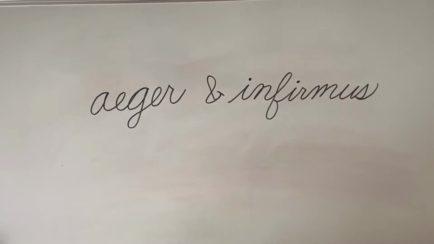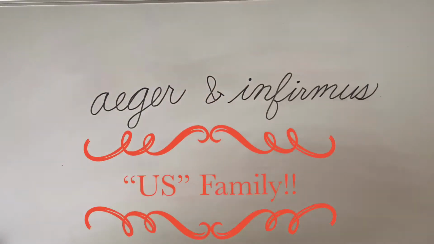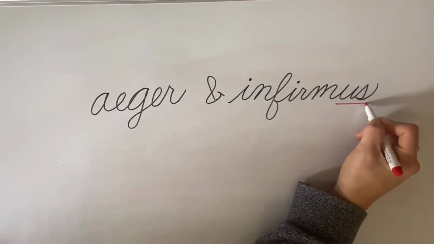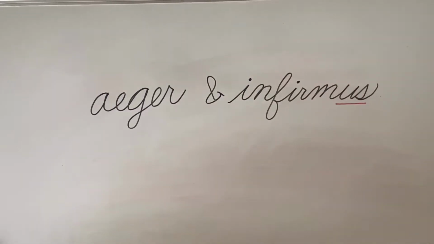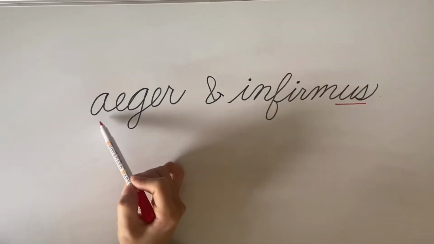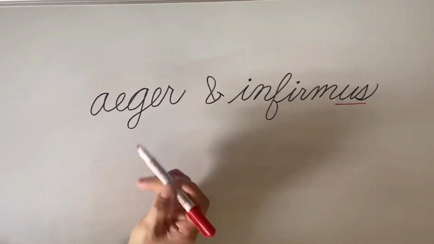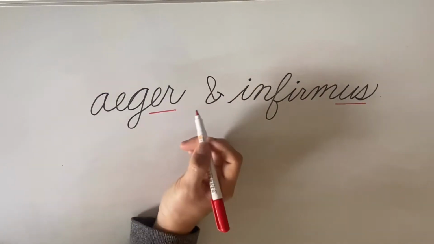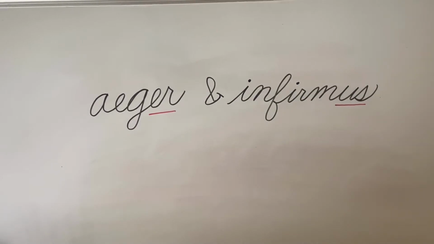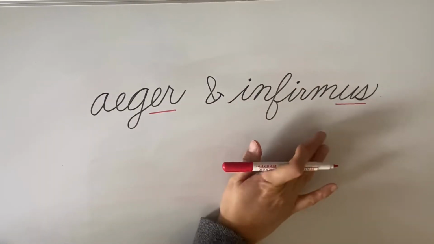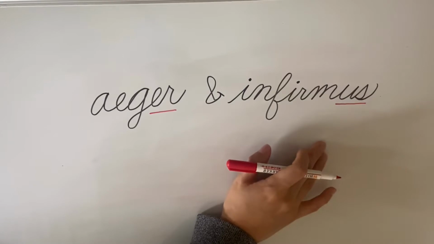Infirmus comes from the us family. It ends with us. And surprise, ager is also from the us family because its ending is also for the us family. So these two both come from the us family.